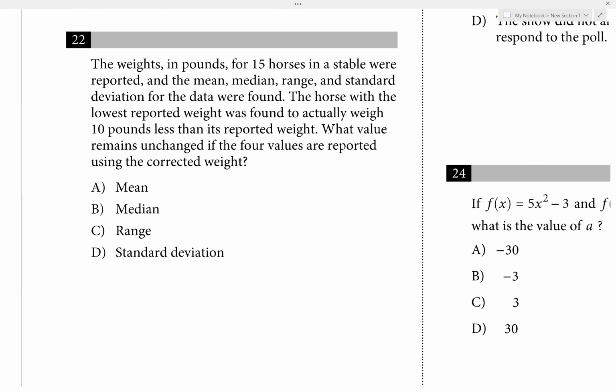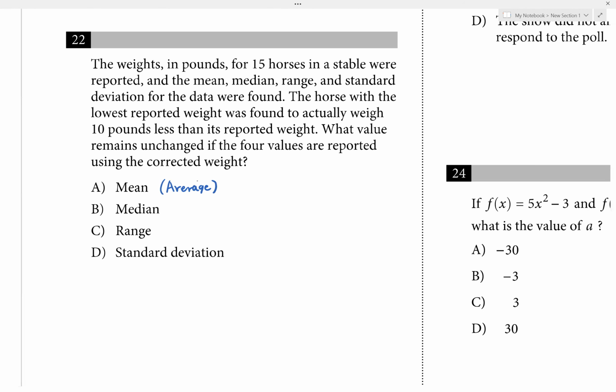Right. So first let's go through the list. What's the mean? The mean is just the average. Okay, mean is the same as the average. So if we decrease one number by 10, the other numbers stay the same.